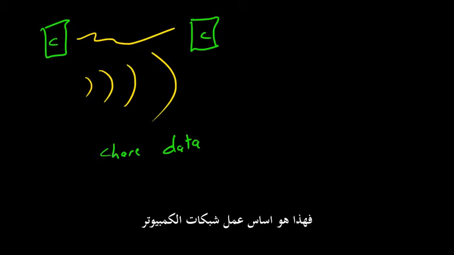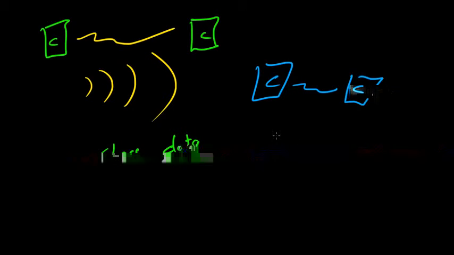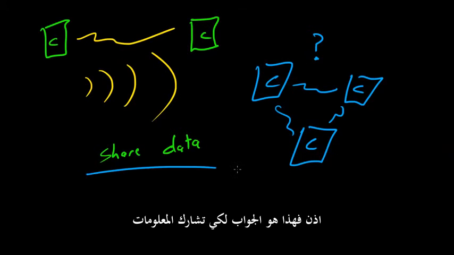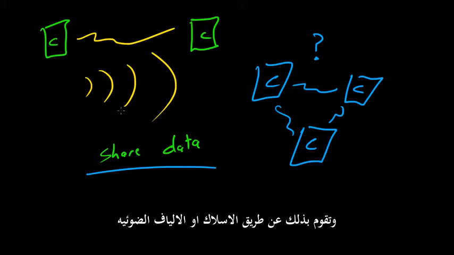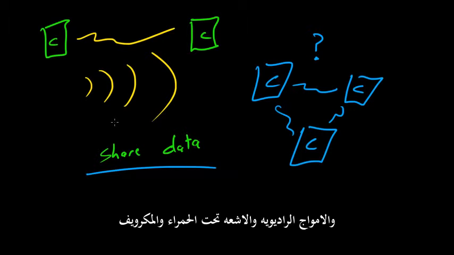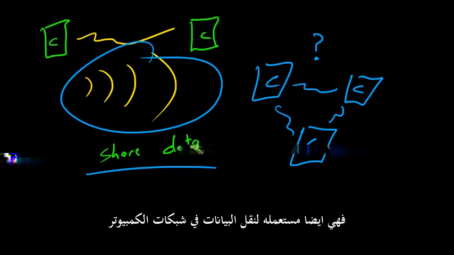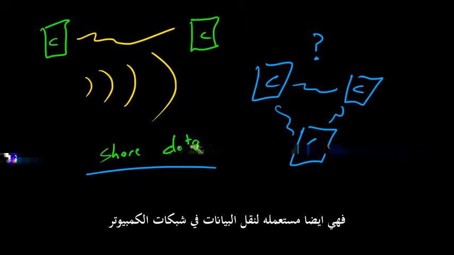So that's basically the purpose of a computer network because if you just connected a bunch of computers, okay, this is pretty cool, but why on earth would you ever want to connect a bunch of computers? Well, the answer is right here: to share information. And you do that, like I said, through copper wire, fiber optics, radio waves, even infrared and microwaves are used nowadays whenever we're sharing data between computers.